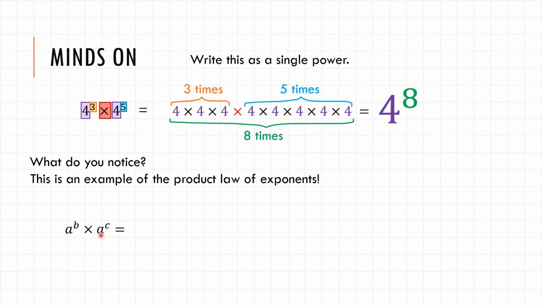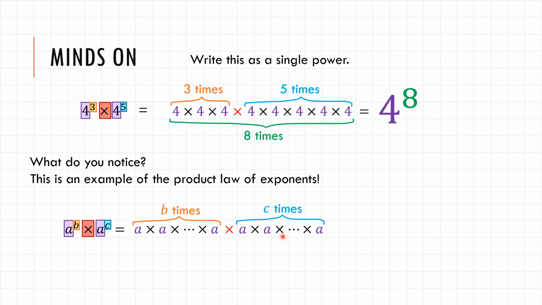Then to find out what the product is, you can just keep the base the same. This is a to the power of b. So a multiplied by itself, b times. And this is we're multiplying that by a to the power of c. So that's a multiplied by itself, c times. How many times are we multiplying a by itself altogether here?